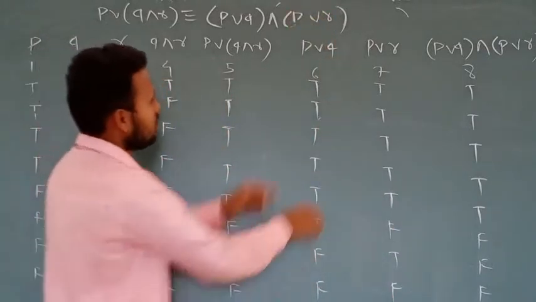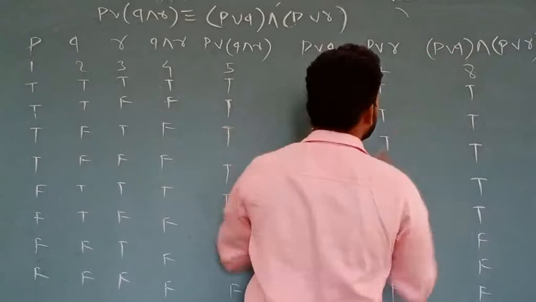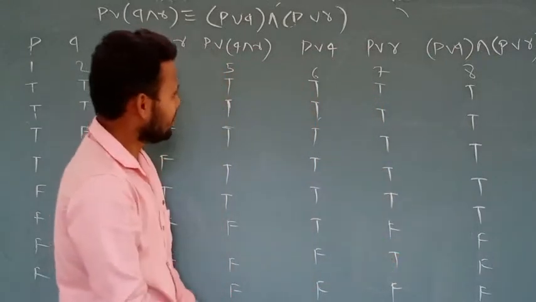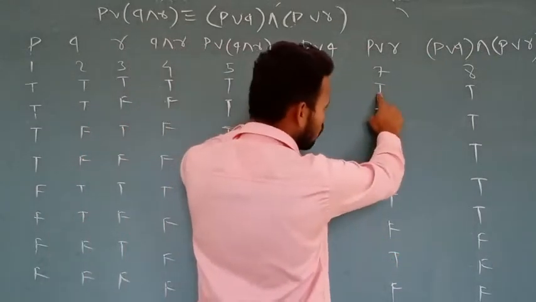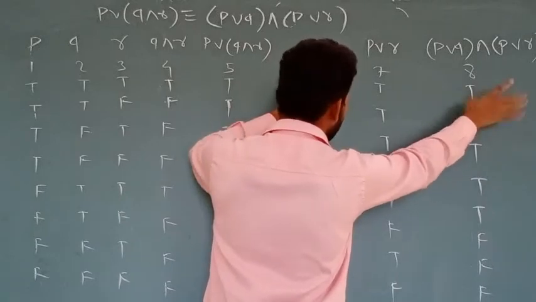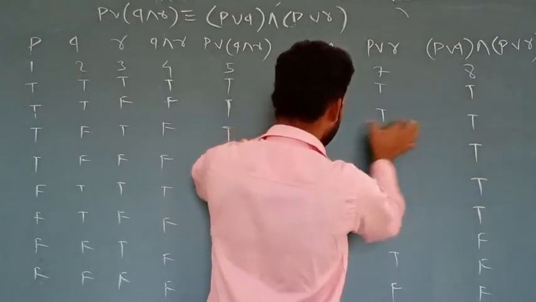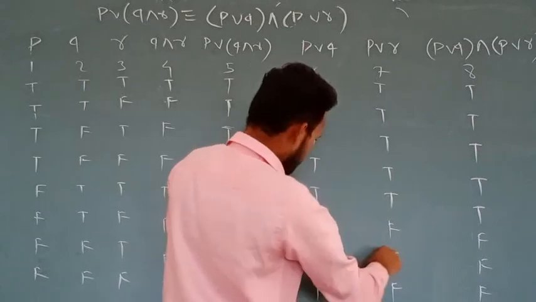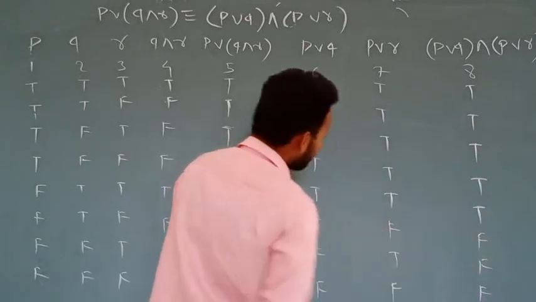And last, between these two columns there is a conjunction. Again a similar procedure: we know that in a conjunction, if both substatements are true then the conjunction is true, otherwise it is false. So T, T gives T, here also T, this T, here T, and we write this false.